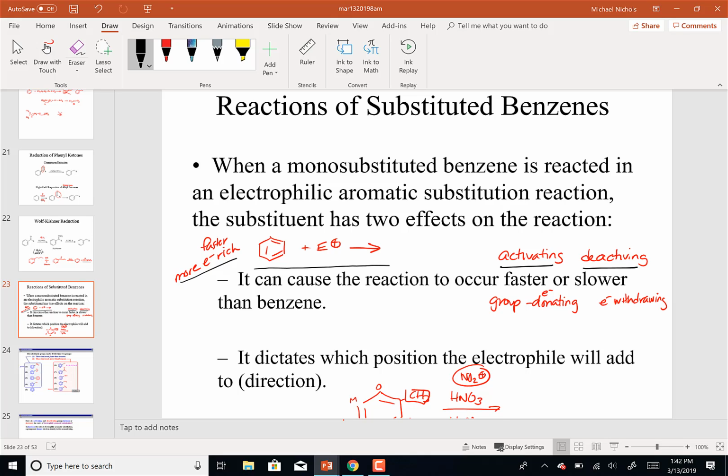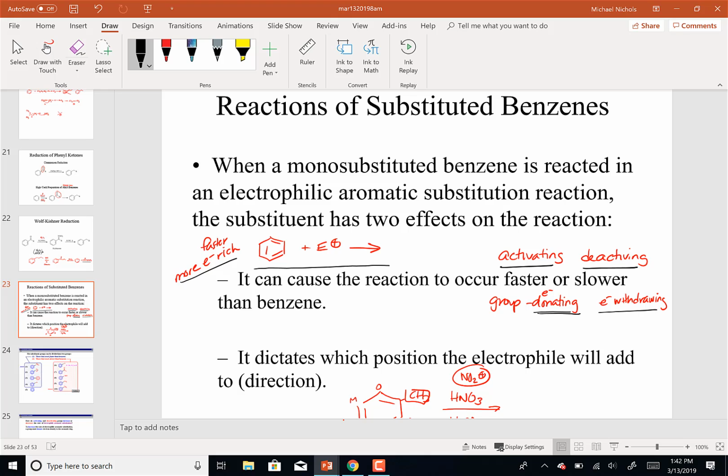So, activating group. What makes an activating group? A group that's going to make the benzene ring more electron rich. So what is that group going to do? That group is going to donate electron density to the ring. Any group that donates electron density is going to be activating. Any group that takes away electron density, making the ring less rich, is going to be deactivating.